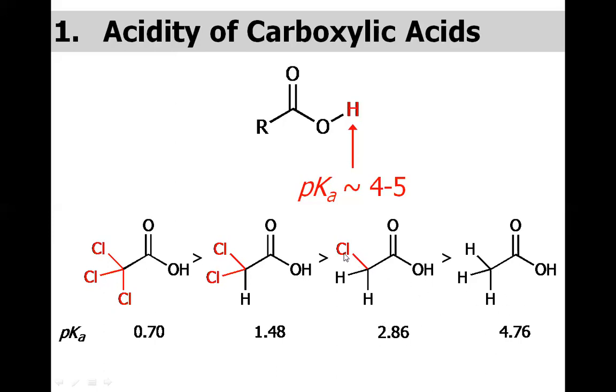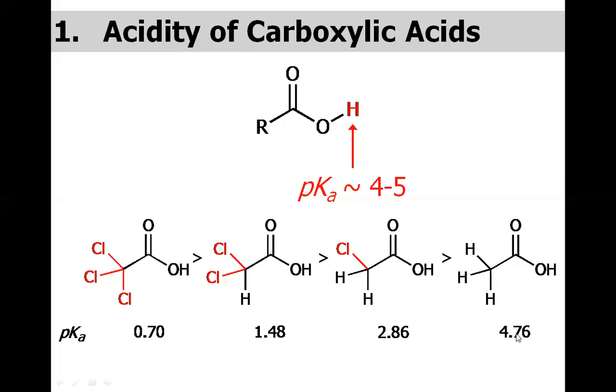Halogen is an electron withdrawing element, so it pulls the electron density towards itself, thus making this carboxylic group further acidic. And remember, with the pKa value, the lesser the pKa, the more acidic the species is, because pKa is the negative log of acid constant, that is Ka.